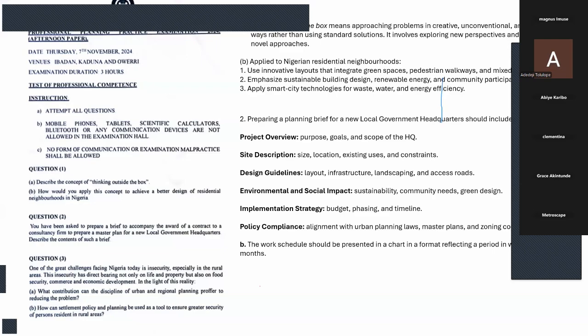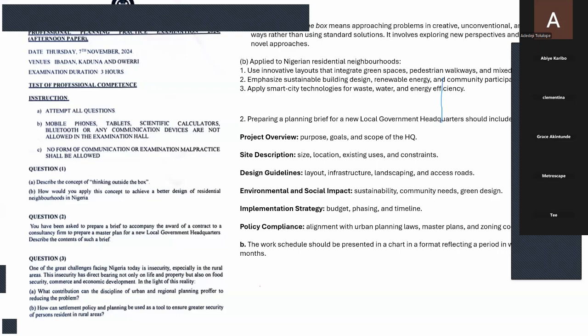So insecurity has direct impact on food security, because if you check the total amount of food produced in the last 20 years and now, you see a significant decrease because of the insecurity we are experiencing in those areas.